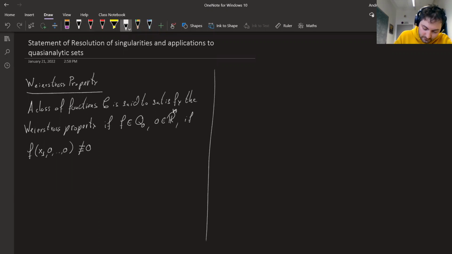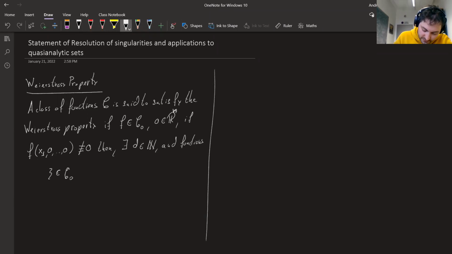Then there exists a d in the natural numbers and function germs, I'm going to call them in C. Oops, I made a mistake. I'm not talking about quasianalytic classes, I'm talking about classes for now.